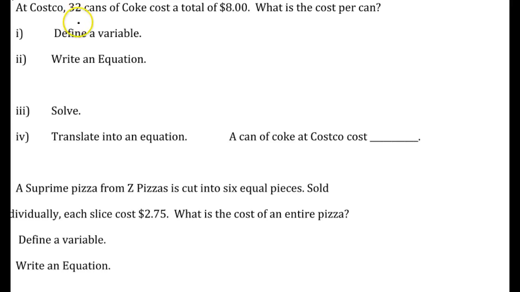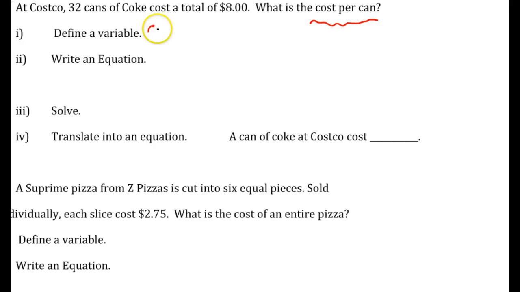32 cans of Coke cost $8. What is the cost per can? Alright. So what's a good variable to use? We're talking about cost per can, but what letter should we use?